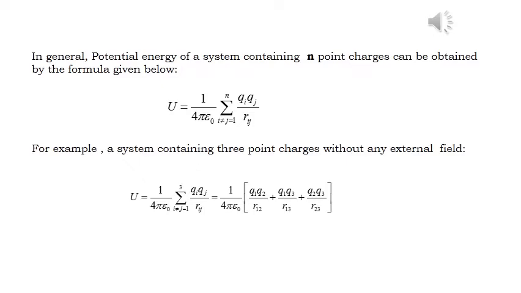If we expand the summation within the bracket: the first term is q1 q2 by r12, the separation between charges 1 and 2, the second term is q1 q3 by the separation r13, and the third term is q2 q3 by the separation r23, all into 1 by 4 pi epsilon naught. So dear student, we can extend this formula to any system containing any number of point charges in the absence of an electric field, that is E equals 0.